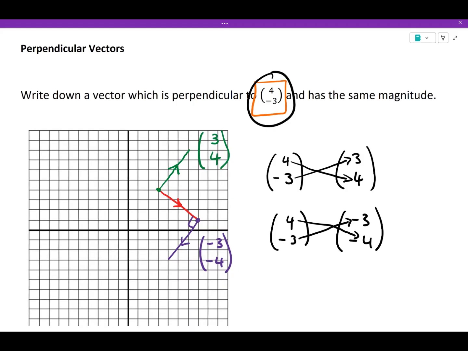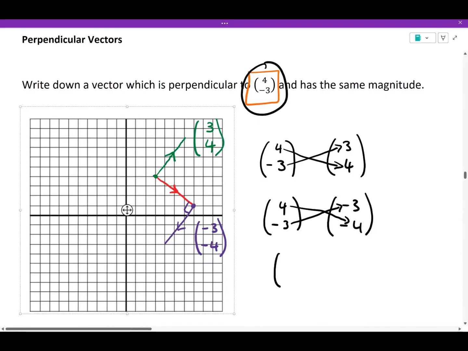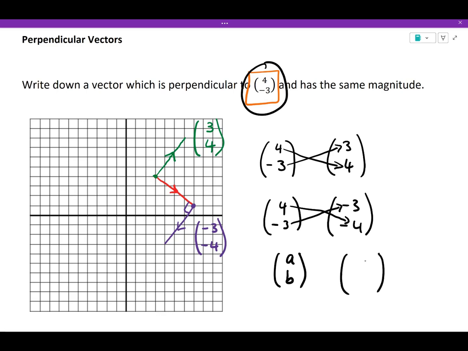So let's say I had a vector (a, b). I wanted to know a vector perpendicular to this. Well, I'd have to shift the a and the b around. However, there is one other change that has been made here, which is important to note if you're going to get your perpendicular vector. The sign of the 3 here was negative, and then up here it is positive, whereas the signs of the 4s have stayed the same.